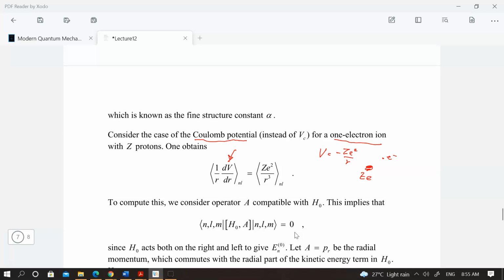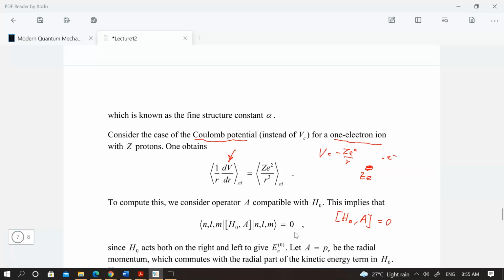So recall if you have some observable or some operator which is compatible with the unperturbed Hamiltonian, what does that mean? That means I have some observable which has this commutator equal to 0. And that will immediately tell us that the matrix element is going to be just 0.